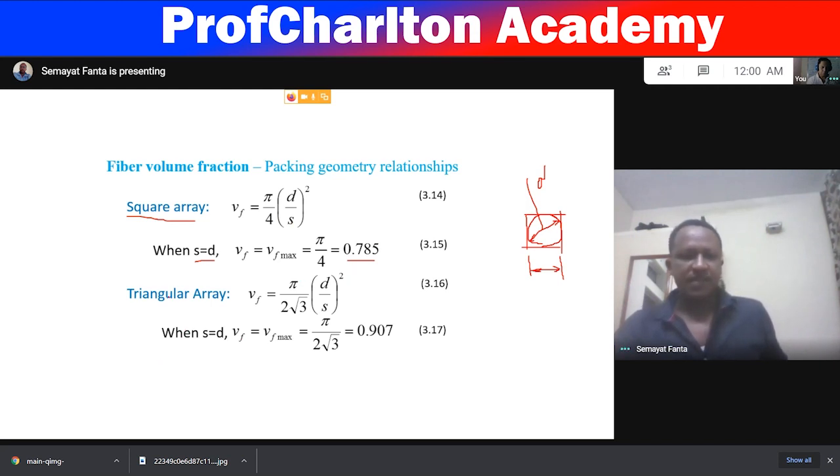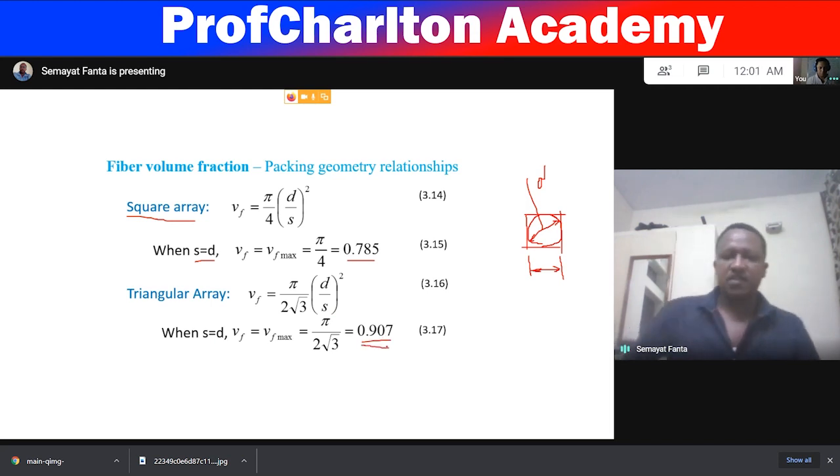And then in the case of triangular array, the volume fraction is given as pi over 2 root 3 D over S. So in the case of S equal to D, then Vf is equal to 0.907. So this implies the volume fraction is too much in this case.